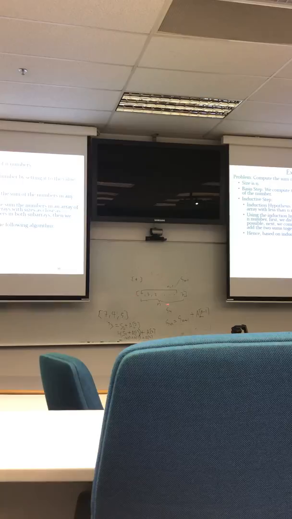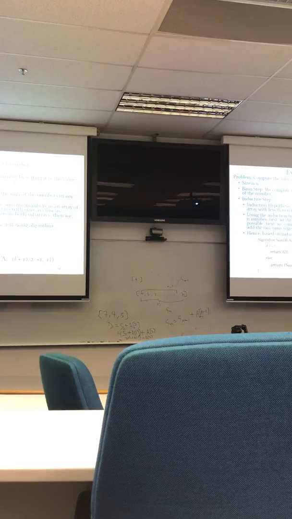So we can compute the sum of the two subarrays. Then after that, we add these two sums together, and that forms the sum of the whole array. There is another design that we can form from the induction process. In this case, we use a recursive algorithm.